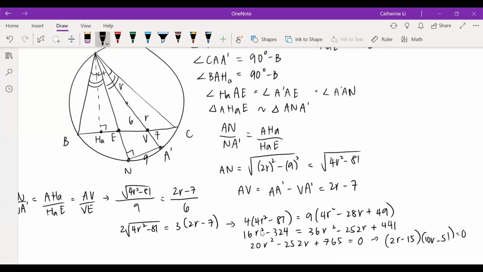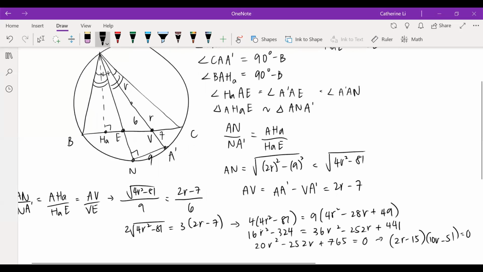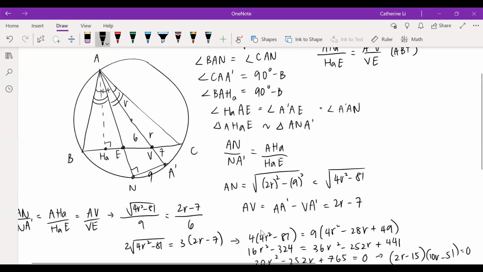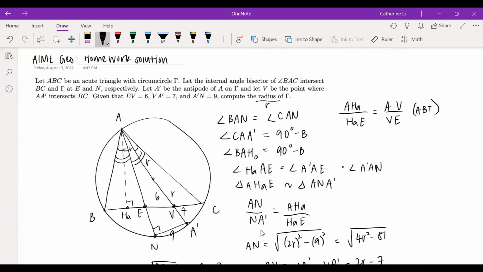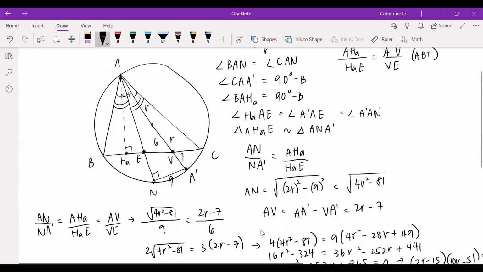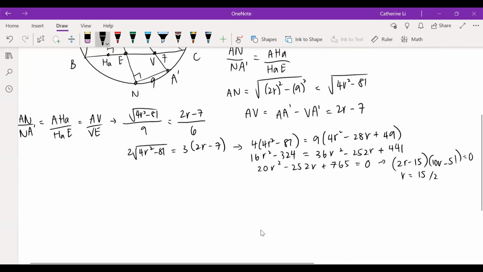And the only answer that is reasonable is 15 over 2, because we're given that ABC is an acute triangle. So that means that R should be bigger than VA prime, which is 7. So the other answer, 51 over 10, doesn't satisfy that, which means that R has to be 15 over 2. And we're done.